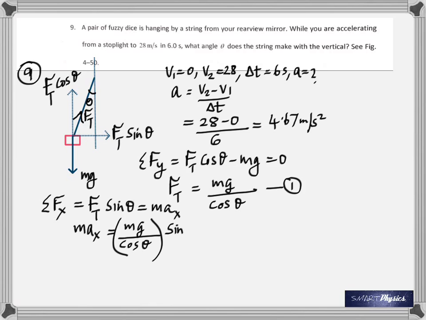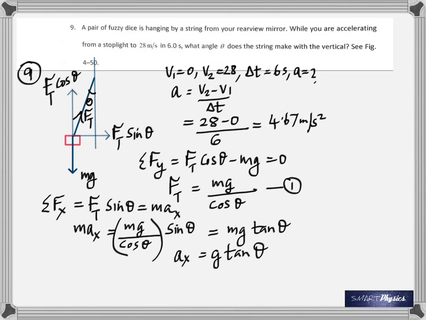What I did is this. Some of you understood, maybe. I wrote this on the left side. On the right side, I have what? F_T times sine theta. And I know F_T is all of this, isn't it? Therefore, I substituted for F_T, mg by cos theta times sine theta. Then I know sine theta over cos theta is tan theta. Now I see m on both sides, I can cancel out the masses.